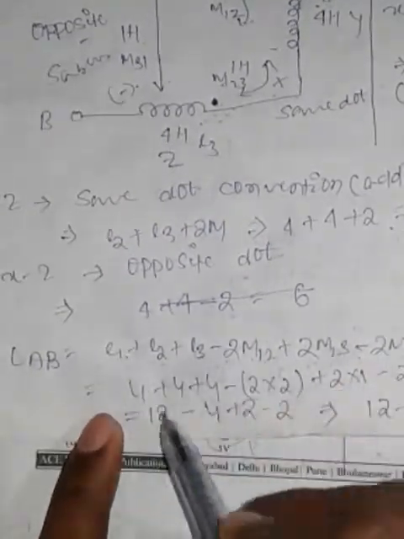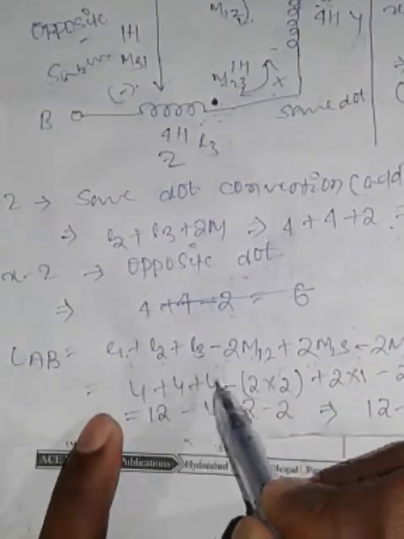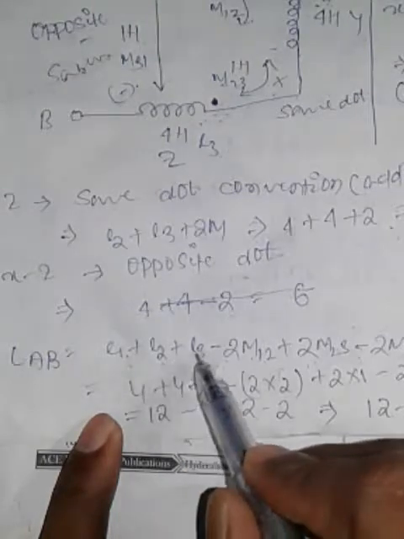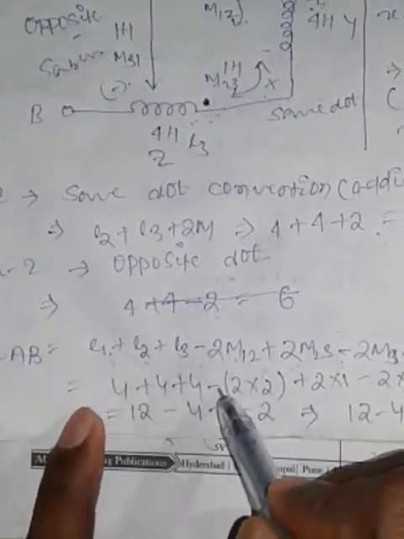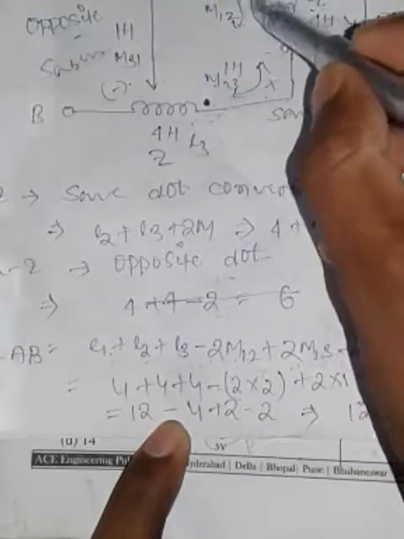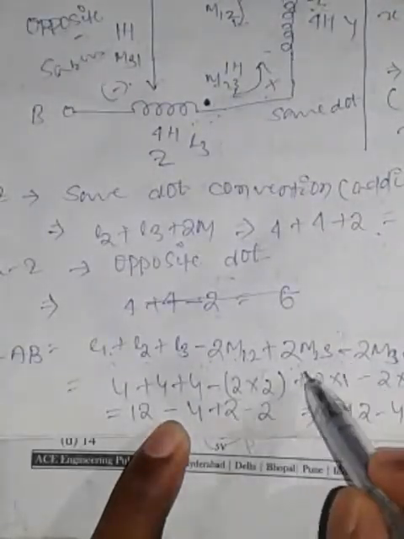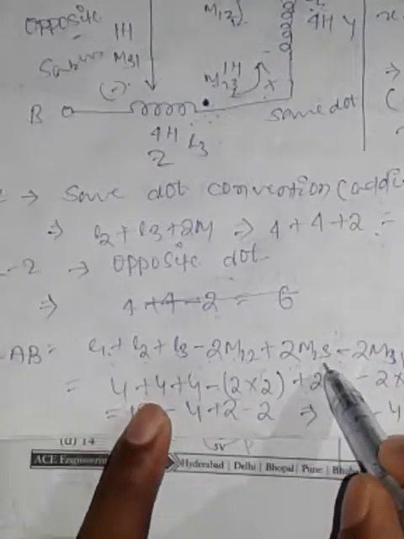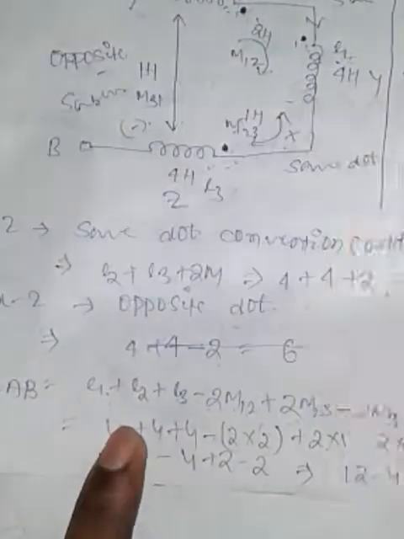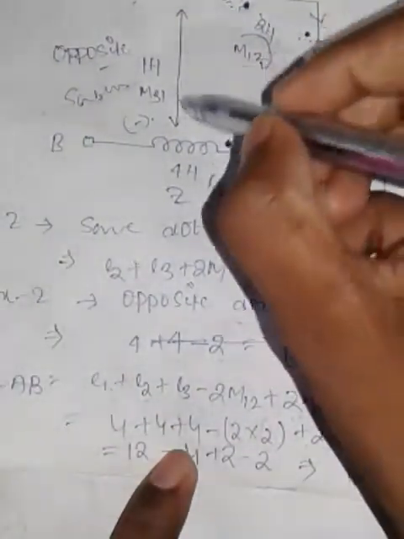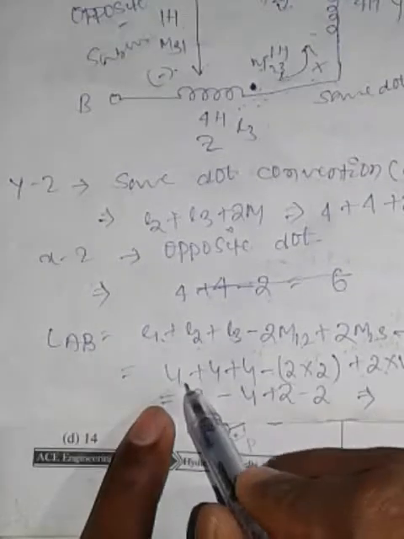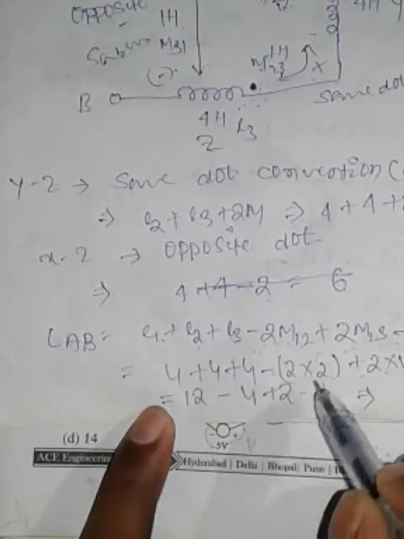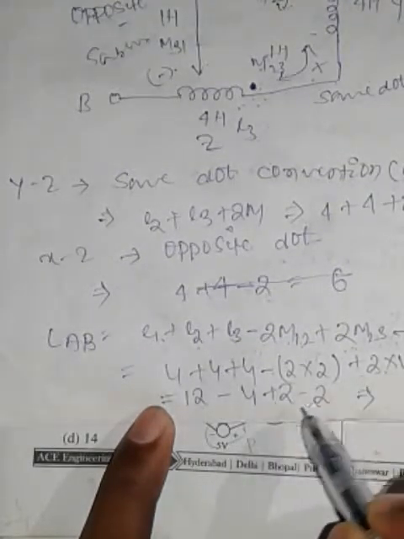So put all these values. L1, L2, L3 are given as 4 each. So minus 2 M12, M12 is given 2, so 2 into 2, plus 2 M23, M23 is given 1, minus 2 M31, M31 is also given 1. So we write 4 plus 4 plus 4, which is 12, minus 4 plus 2 minus 2.